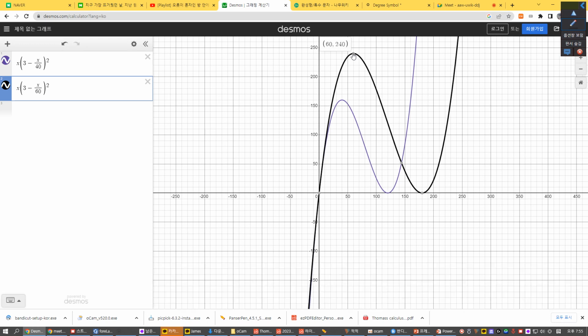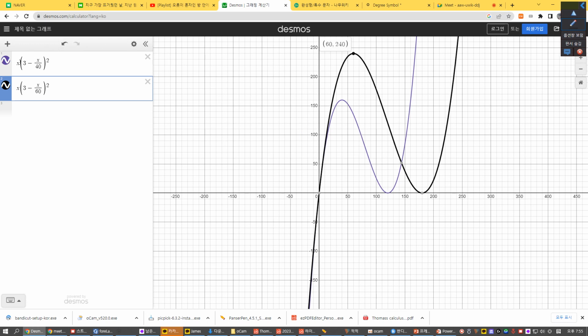And now the maximum occurs when 60 people are on the bus, and the maximum revenue is $240. So it will be much more efficient than the previous case.